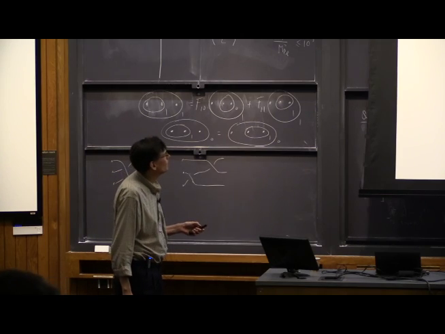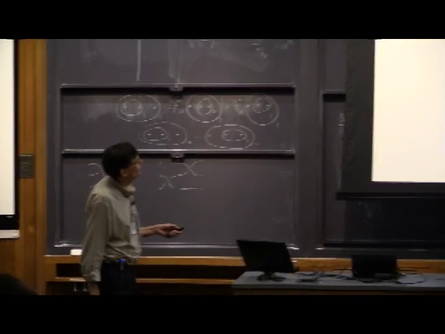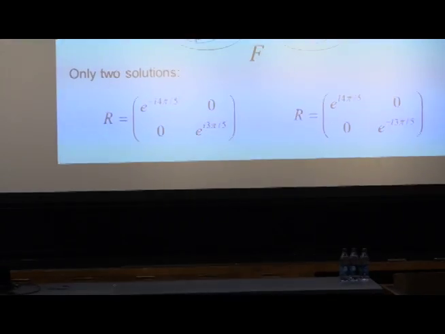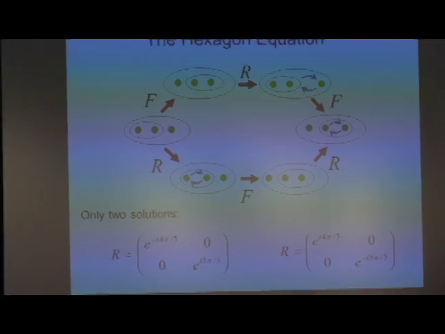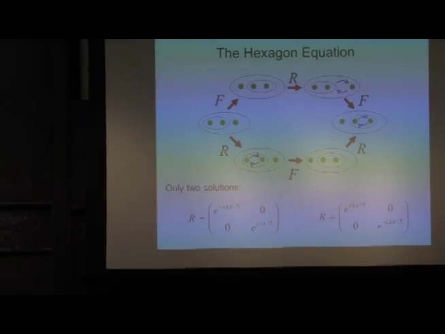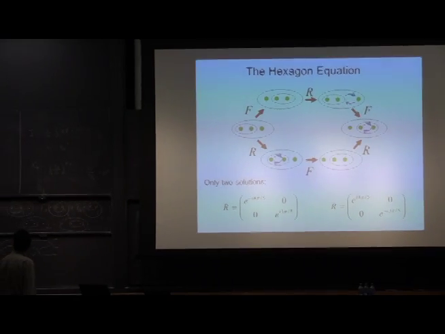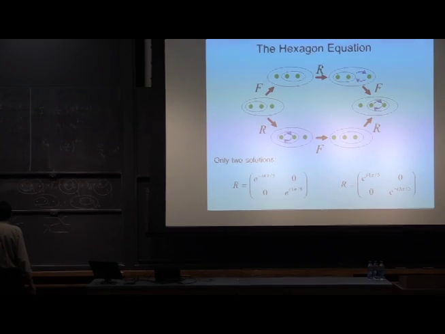Here, I move this particle around this particle, and then this particle around this particle. But for example, for the first one, the first element goes to the third one. Oh, you're right.